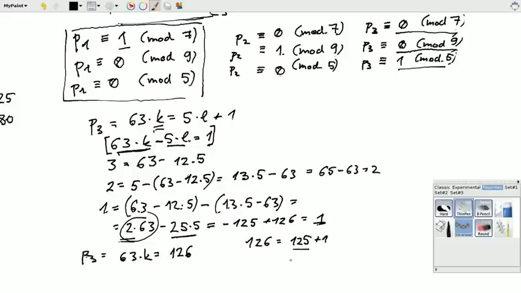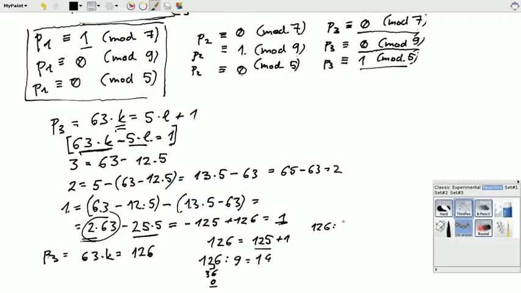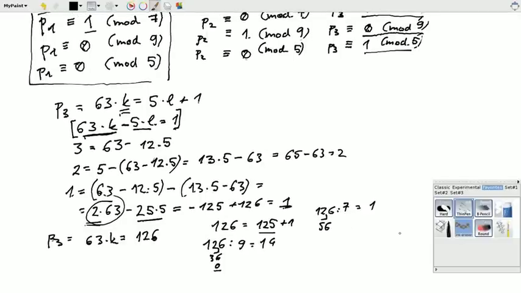This is obviously divisible by 5. 126 divided by 9 is equal to 14, and the remainder will be 0, and 126 divided by 7 is equal to 18, and the remainder is 0. Great.